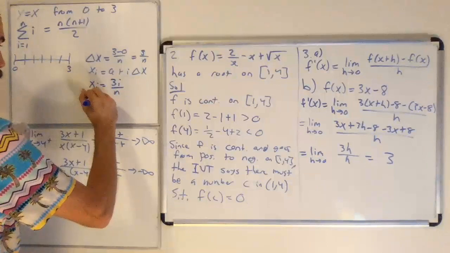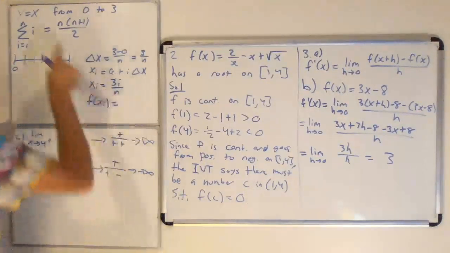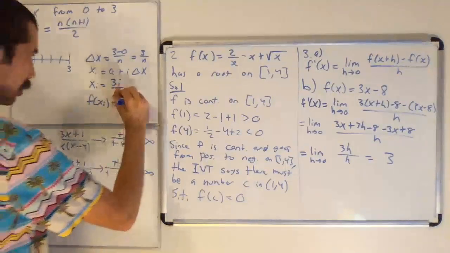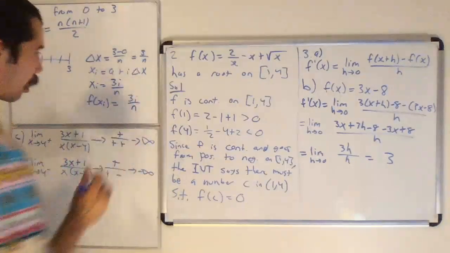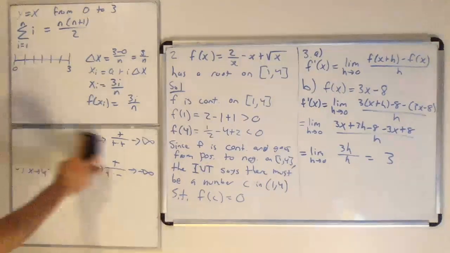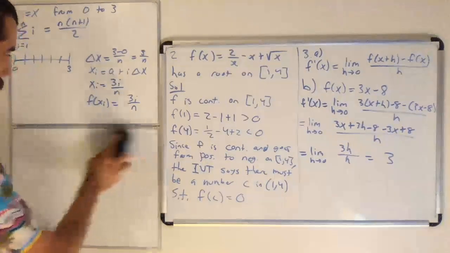And we need f of x sub i. Our function is y equals x. So f of x sub i is 3i over n. All right, and that's the hard part of the beginning of the question.